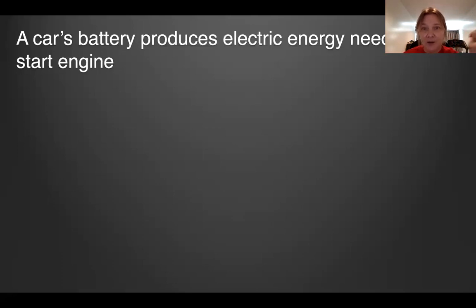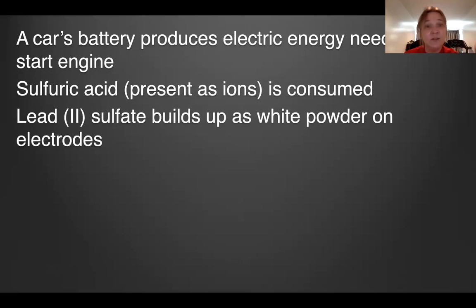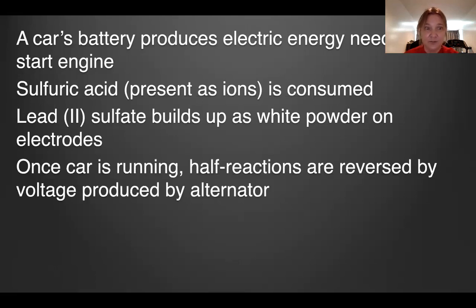A car's battery produces the electrical energy that's needed to start the engine. That's pretty much all the battery is there for, to start the engine. The sulfuric acid, which is present as ions, of course, is consumed, and lead sulfate builds up as a white powder on the electrodes.